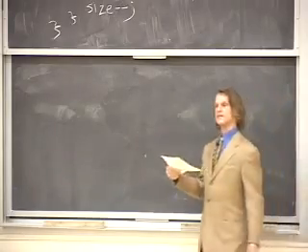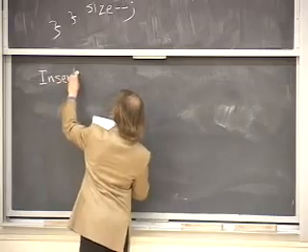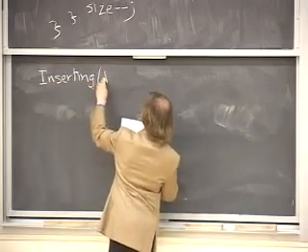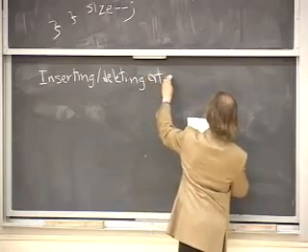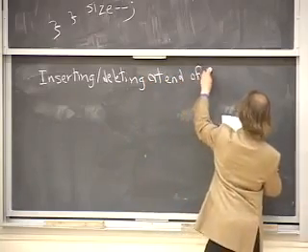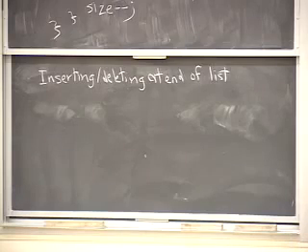All right, so let's look at inserting or deleting an item from the end of a list. Well, basically, you don't have a pointer to the end of the list generally, so this takes a long time. You have to start at the front of the list, walk all the way to the end of the list, and then insert or delete.